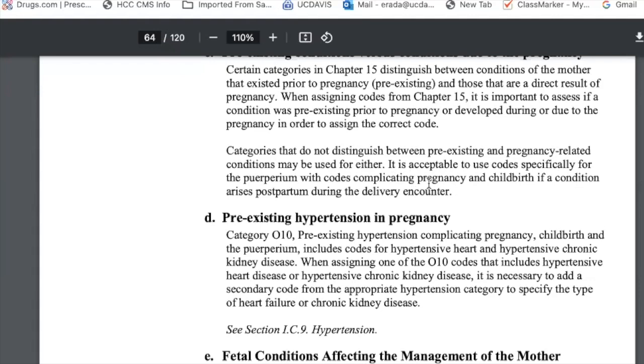Okay, so there are those conditions that actually don't matter whether they're pre-existing or gestational, because the guidelines say you may use them either or. Okay, you may assign the gestational or you may assign the non-gestational, which is pre-existing. They don't really matter because there are conditions that do not really affect pregnancy.